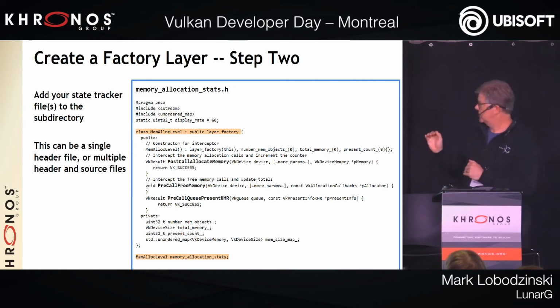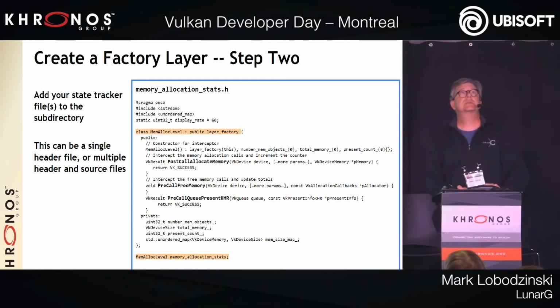So all you have to do is add them in here. The function signatures are the same as the original API calls, and the name pattern is the same for all of them. You can put your own variable storage and stuff in your object. And so you create this file. In this case, it's just done in a header file that I'm calling memory allocation stats.